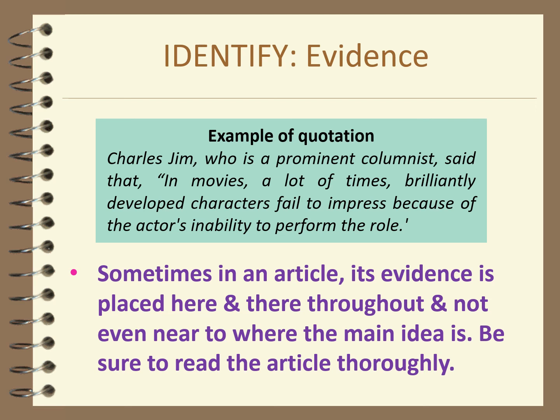Example of quotation: Charles Jim, who is a prominent columnist, said that in movies, a lot of times brilliantly developed characters fail to impress because of the actor's inability to perform the role. So quotation is simply what a specific person said about something.